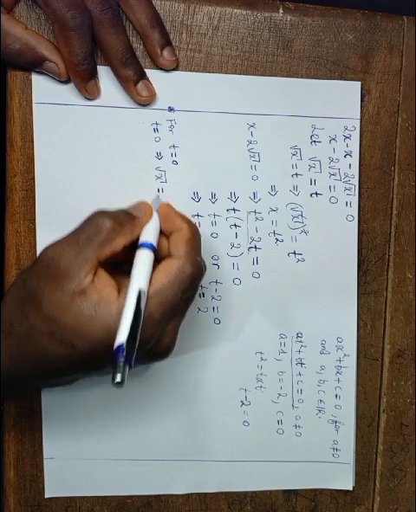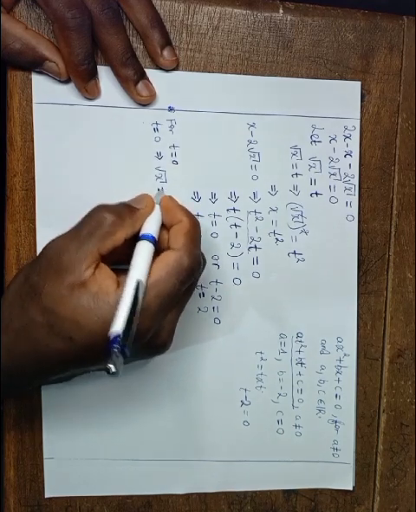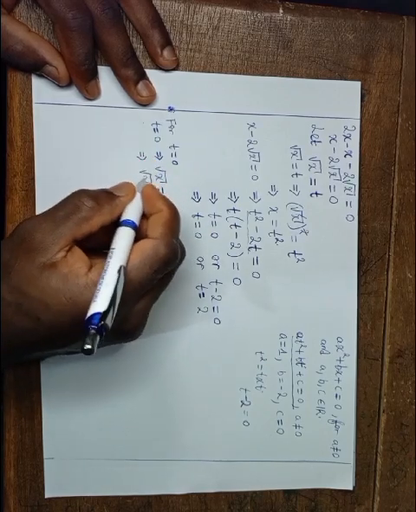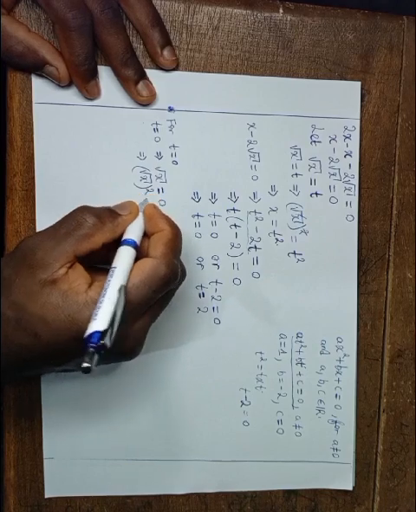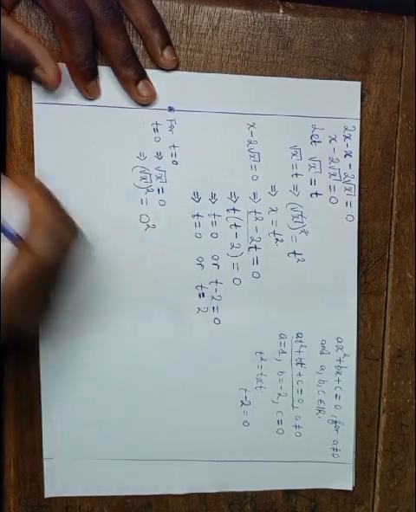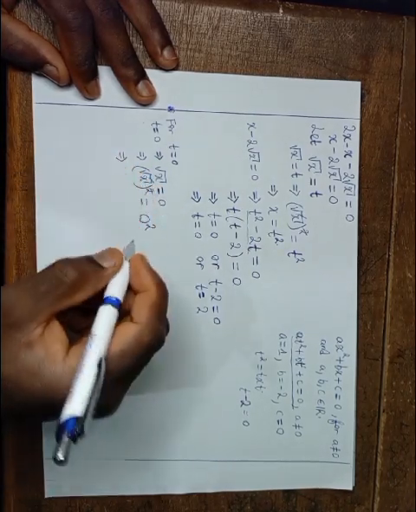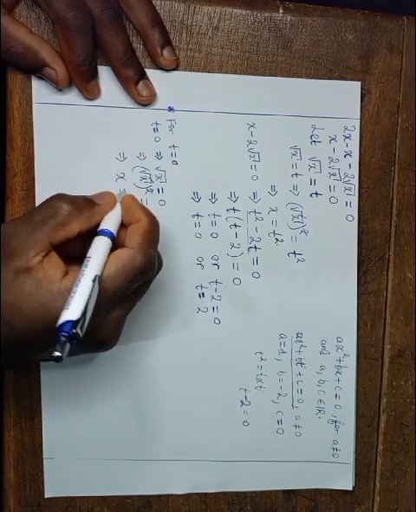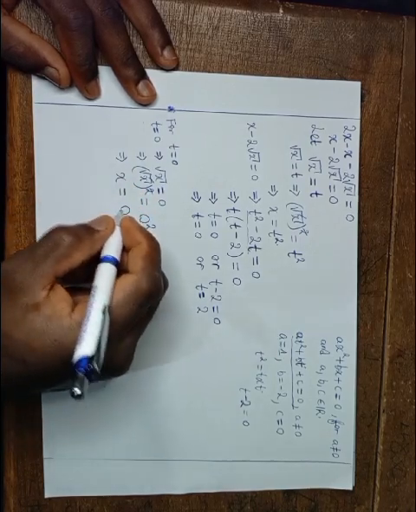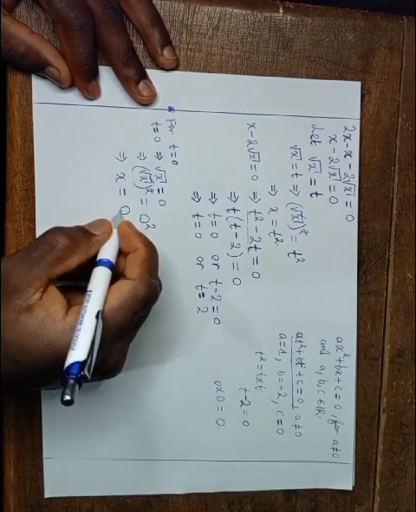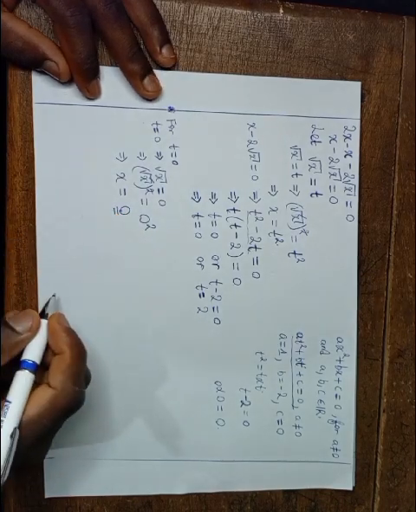The root of x is equal to 0. Next, if we square both sides, root x all squared is equal to 0 squared. This and this will cancel again. It gives us x equal to 0, because 0 times 0 remains 0. So this is the first value of x.